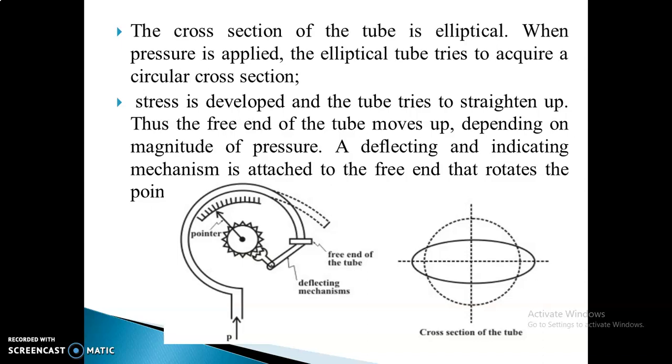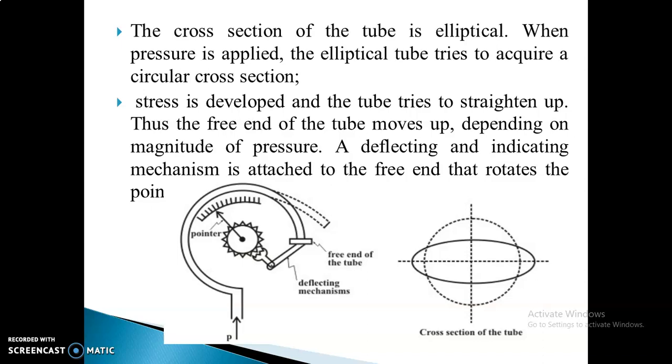The other diagram shows the cross section of the tube, which looks elliptical. When pressure is applied, what will happen? There will be an elongation, so there will be some variation from the circular shape. Automatically it will move upward or downward.